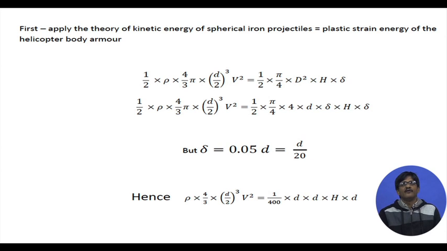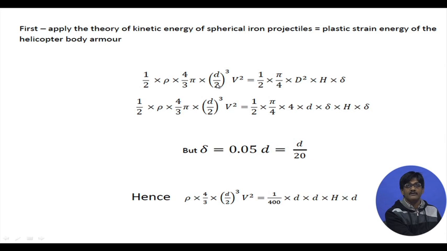First of all, half mv square. How is this half mv square? This is half, this is density, this is volume 4 by 3 pi r cube, multiplied by the velocity square. So, this is the energy carried by the spherical iron object, missile or bullet at the point of hitting.